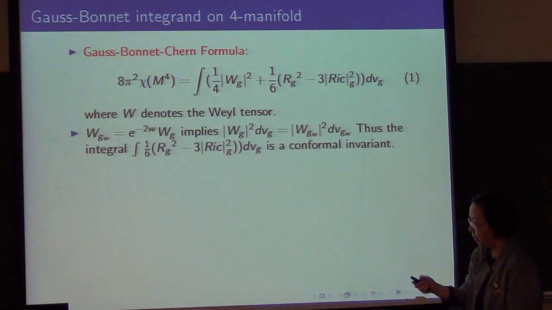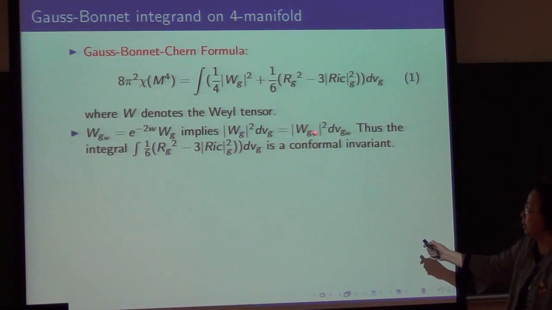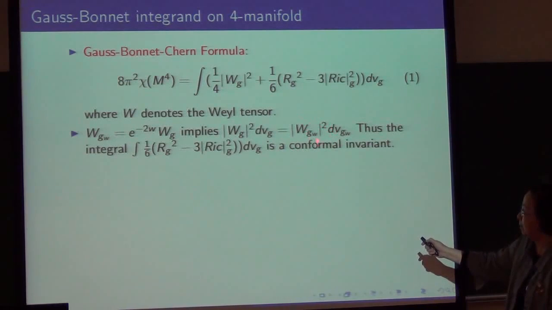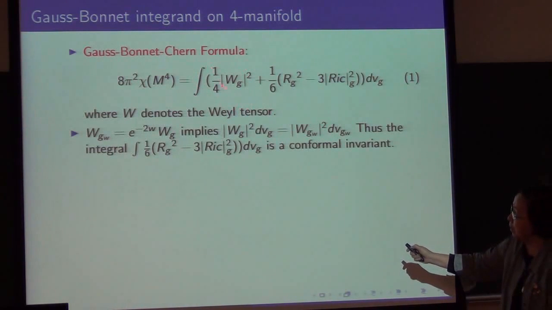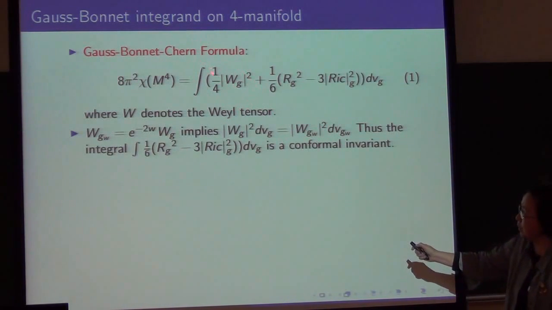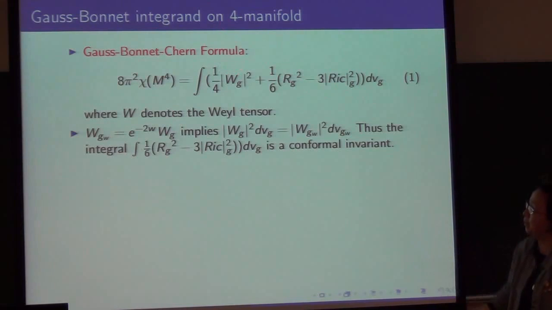As a result, the first term, Weyl squared dV, is the same as Weyl of g_w squared with respect to this conformal metric's volume. So I'm saying that in this Gauss-Bonnet formula, the first term, the Weyl term, is a pointwise conformal invariant.